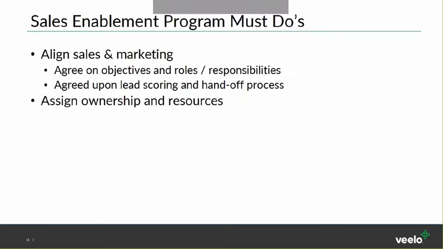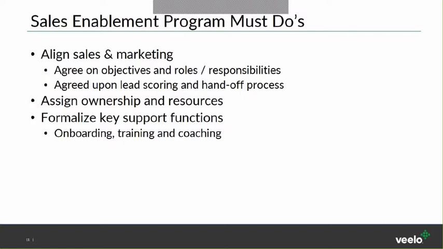Second piece is having ownership and resources and setting expectations. If you have a quarter of a person working on your onboarding program, you're going to get what you put into it. I realize resources aren't unlimited, so this is where priority comes in.